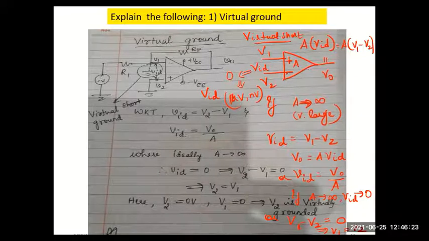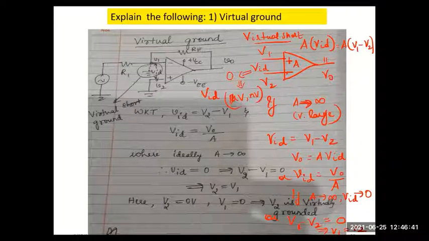So surely you will be getting an output voltage, but V1 is not exactly equal to V2; the difference between the two is very, very small. That's what we mean when we say I can equate V1 to V2. Is that clear?